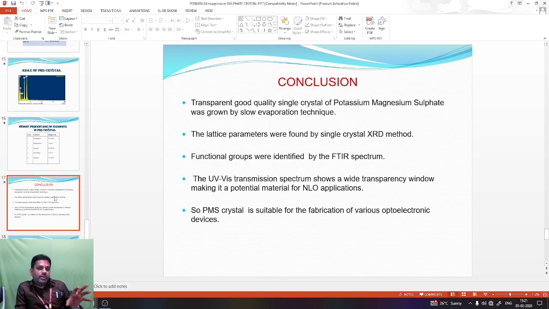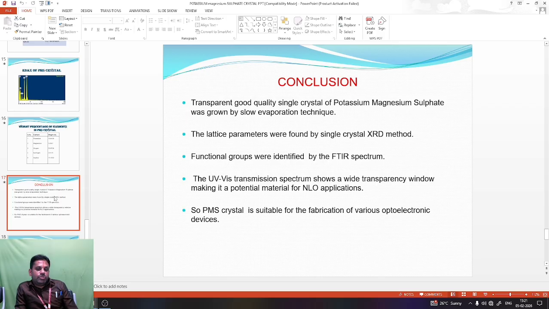How can we identify the components and the composition of the crystal? Then next, how is the crystal suitable for optical, electrical, magnetic and other property applications? We discussed, as an example, only PMS crystals, which are suitable for non-linear optical property applications.